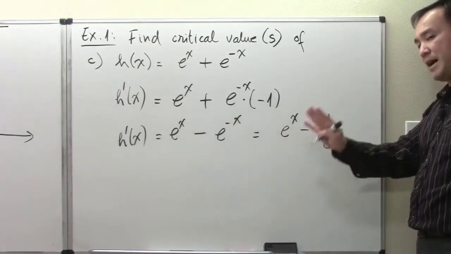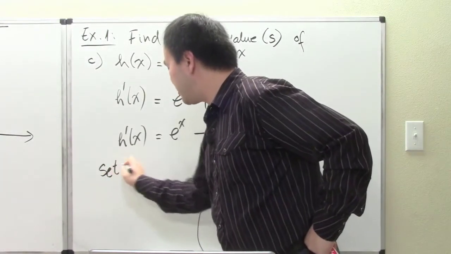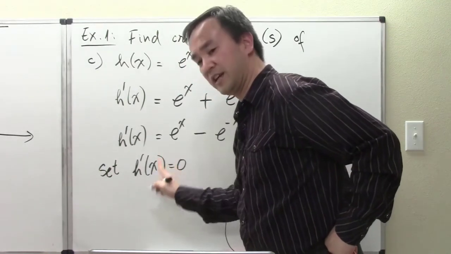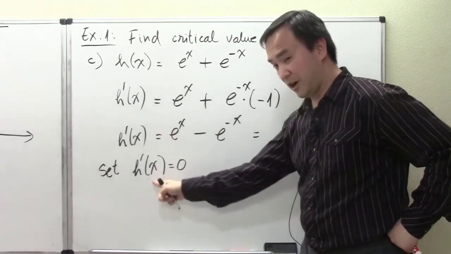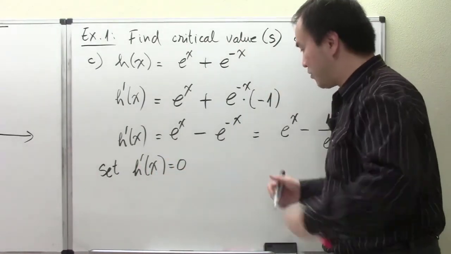Okay, and so now back on that standard step, we are going to set our h prime of x equal to 0, and then carry on our journey from that point on. We're going to solve that equation for the x values.